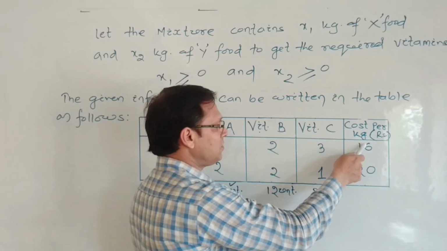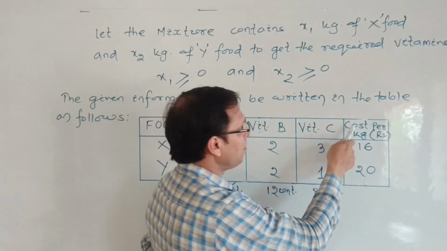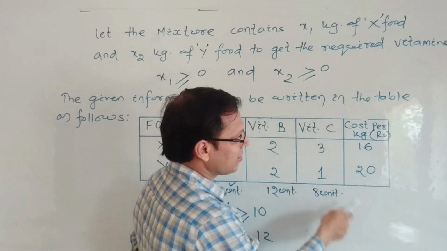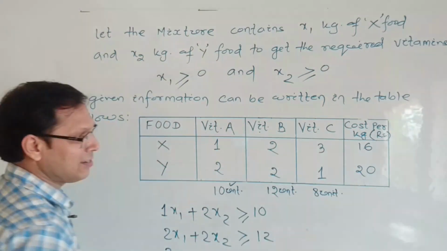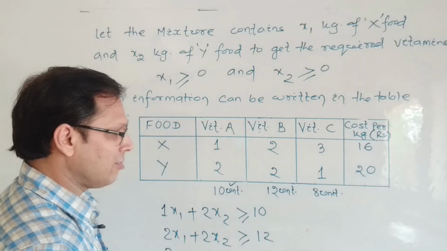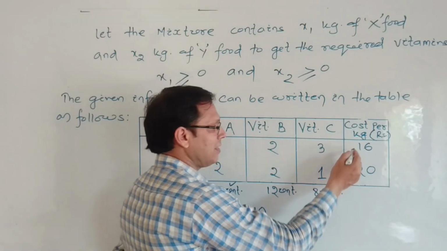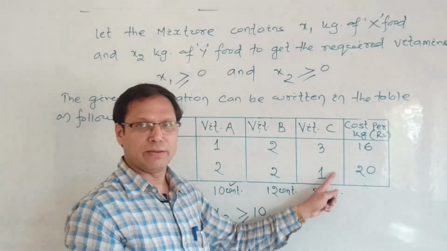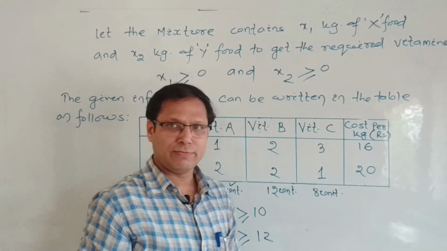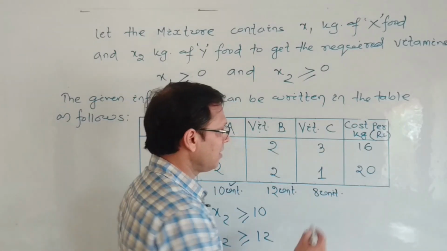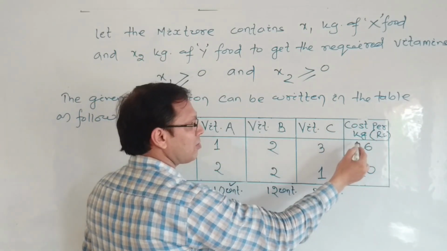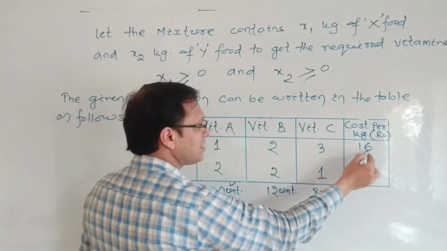Now the objective function is for minimum, because here he is asking to formulate the LPP for the least cost of mixture containing the required amount of vitamins. That means this cost should be minimum. That means the objective function should be minimum. So cost per kg of X food is 15 rupees.